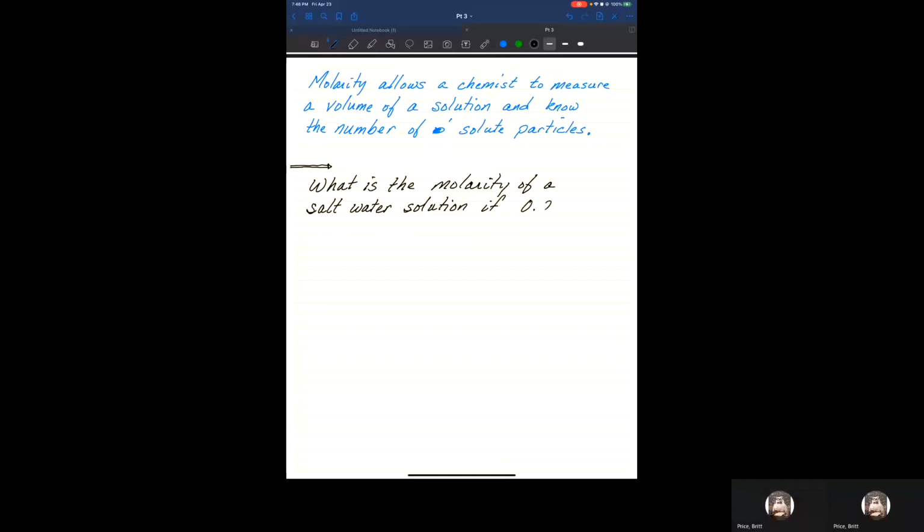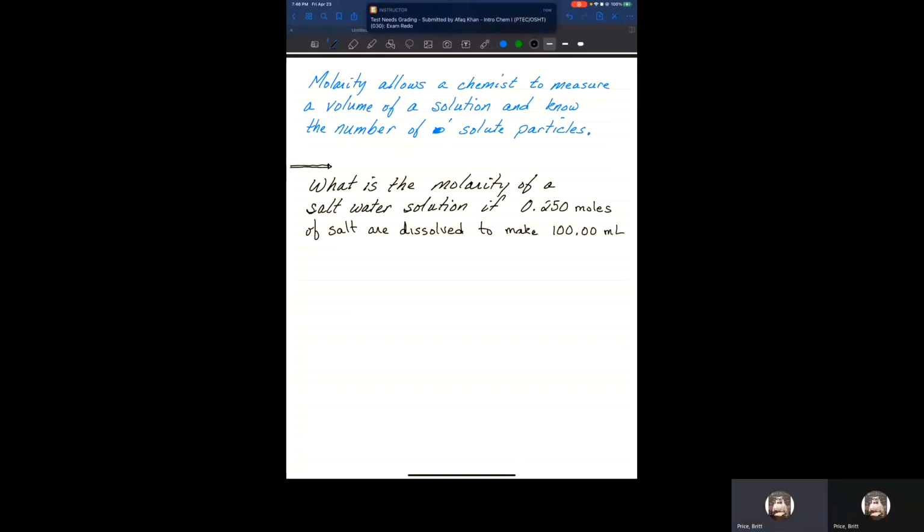Okay. So what is the molarity of a saltwater solution if 0.250 moles of salt are dissolved to make 100.00 milliliters of solution?